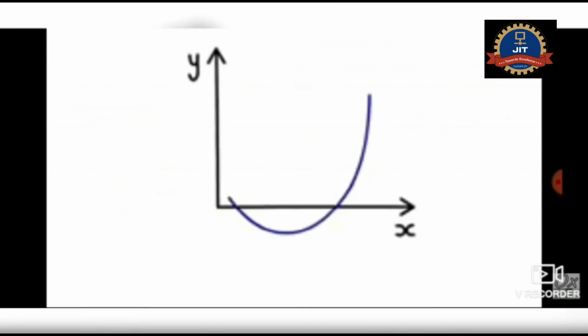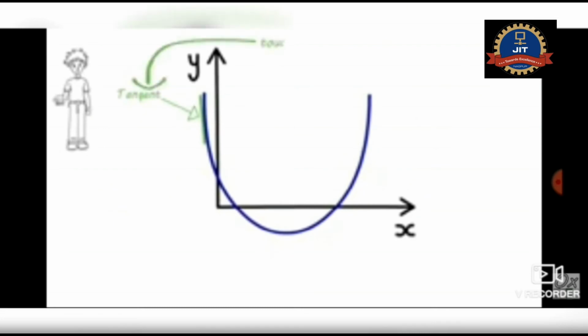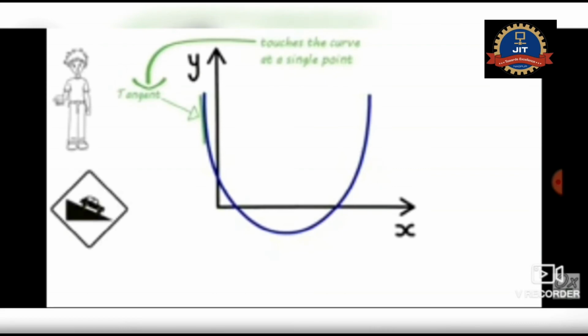But what if we don't have a straight line and we have a curve? Then we generally draw a tangent to any point on the curve. The tangent is a line which touches the curve at a single point. So we can find the gradient at a specific point on the graph. As you can see, on the left side of the curve, the rate of change is negative.